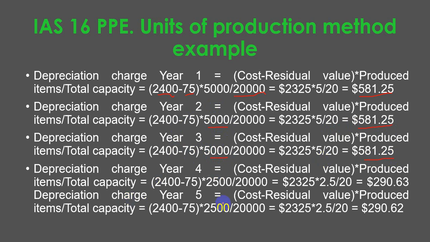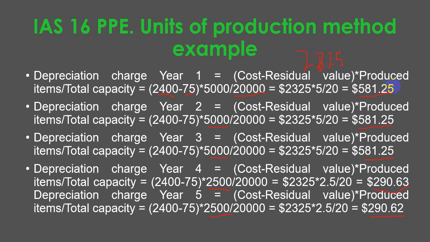And in year 4 and 5, the formula changed a little bit. As you can see, the production of units is 2,500 here, so the amount of depreciation decreased. And here we have a rounding effect in the last year, just to receive our 2,325.